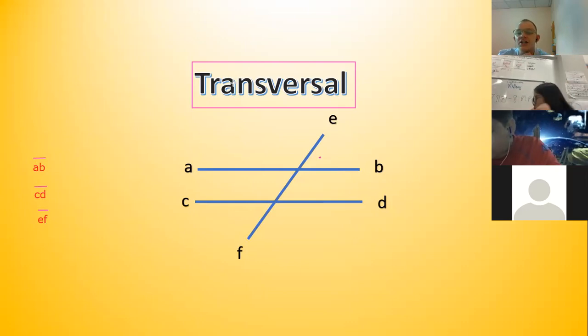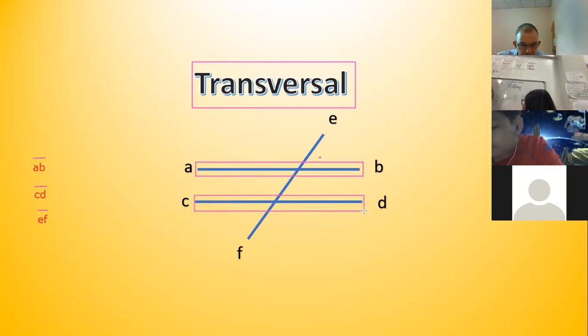What is the relationship between line AB and line CD? So let's look at it. This is line AB, and this is line CD. AB and CD are what?